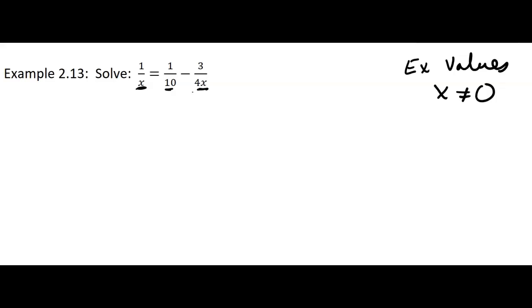Okay, I'm going to recopy this. I'm going to leave a little space. And I'm going to think about the LCD. Now, the LCD, what's the smallest number that 10 and 4 would both go into? 20?